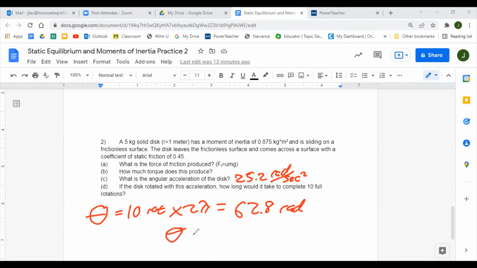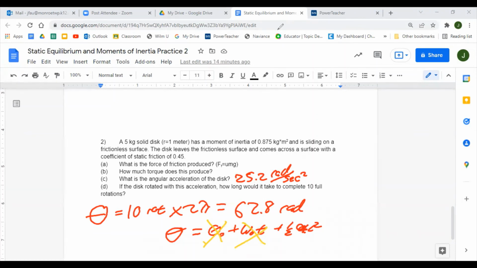So we can use theta equals theta naught plus omega naught t plus 1/2 alpha t squared. Theta naught is always 0, and since it wasn't rotating before, it was sliding but not rotating, there's also no initial angular speed.